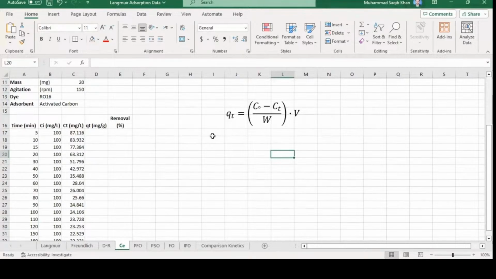We will put this formula in, and as these values are used throughout the formula, we will lock the columns.